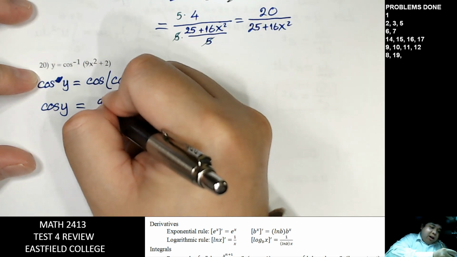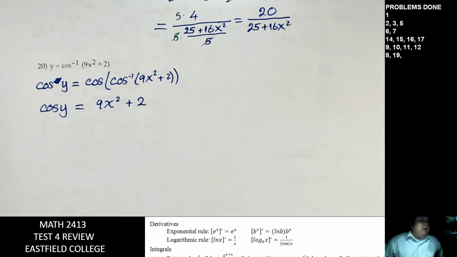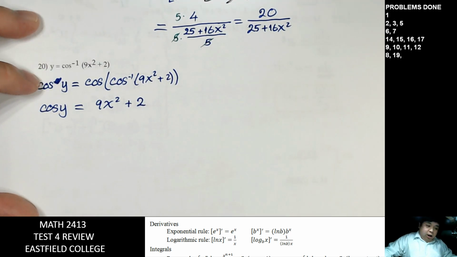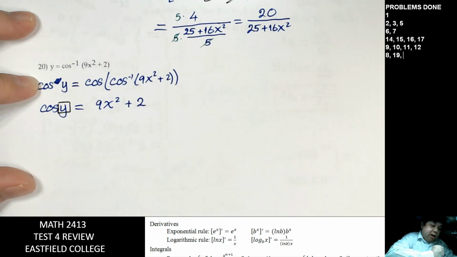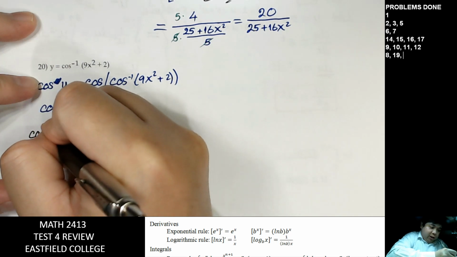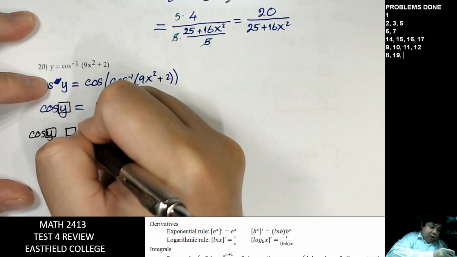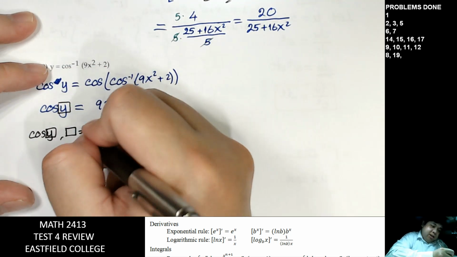We just have 9x. Now, we take the derivative first, and then we solve for y a bit later. So we have cosine of y, the box is y, which is that.